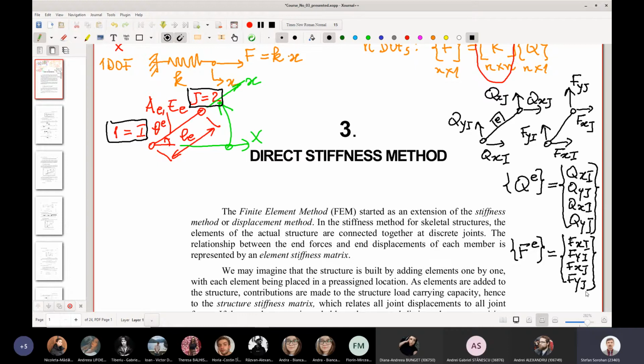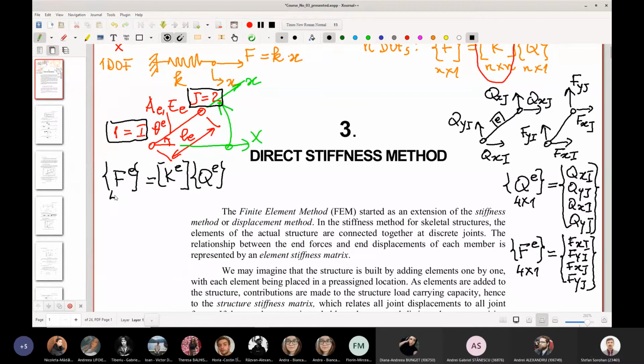So if we define something like that, of course, it is possible to write in a matrix form a similar relationship. You can write for an element: F is a stiffness matrix, you will see later, times Q for the element. This time we have 4 degrees of freedom, so this one is 4 by 1, this one is 4 by 1.